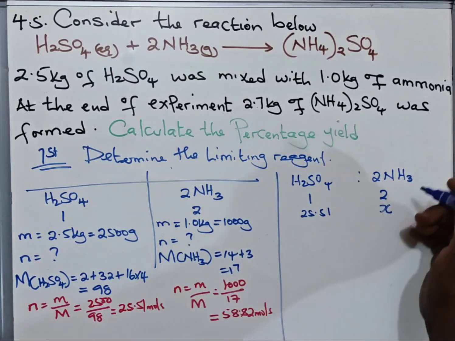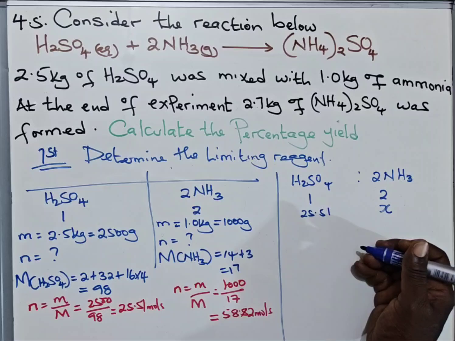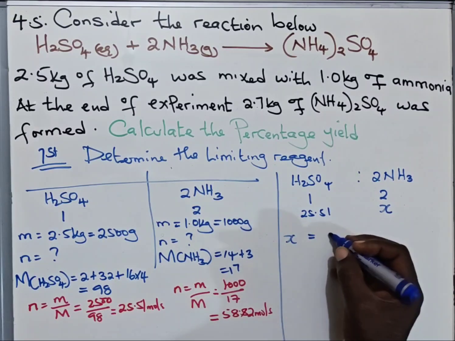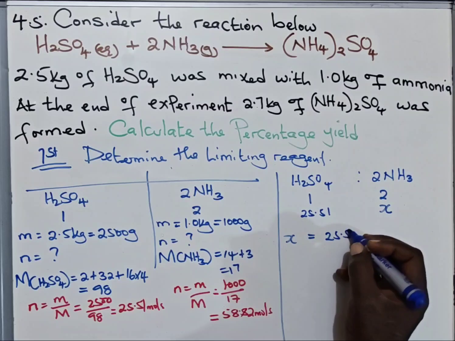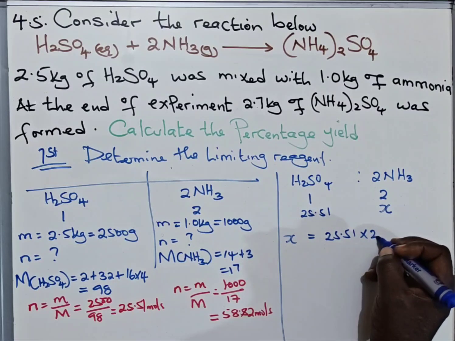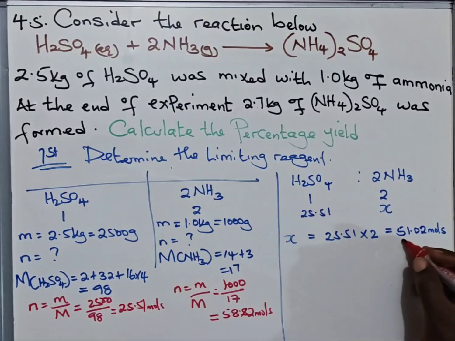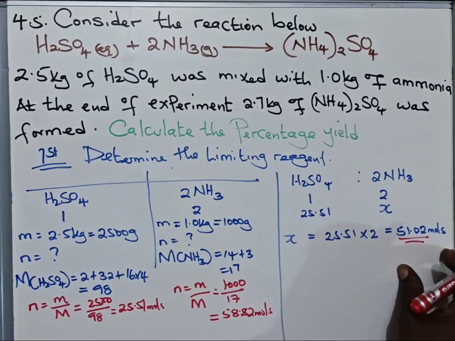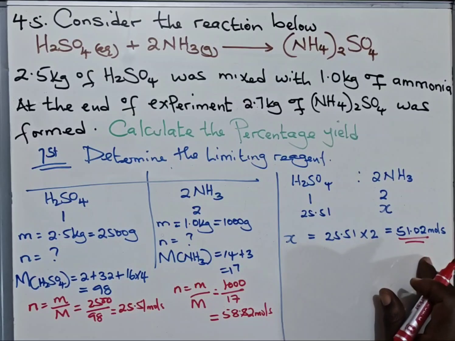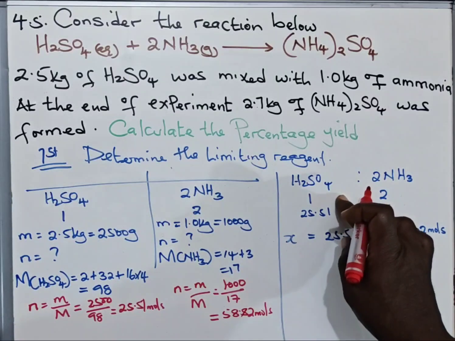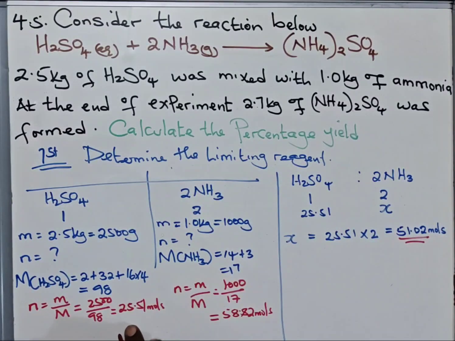So we find it out through cross multiplication. So we are going to have X equals 25.51 times 2, giving us this. So what are these? These are the number of moles of ammonia required to react with our 25.51 moles of sulfuric acid.